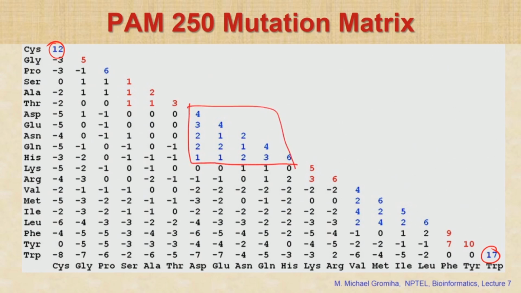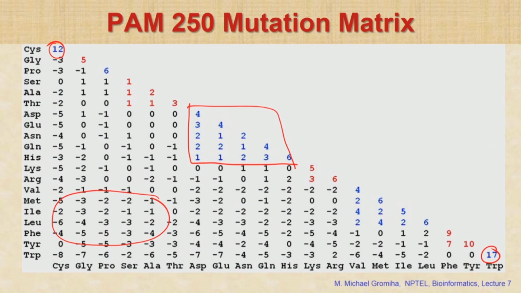They are similar types of substitutions, for example asparagine to aspartic acid or asparagine to glutamine. You can have positive values for all the hydrophobic residues or some small residues. Likewise, in some cases you have very adverse effects, minus, for example, this region.